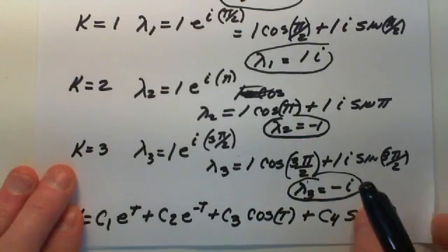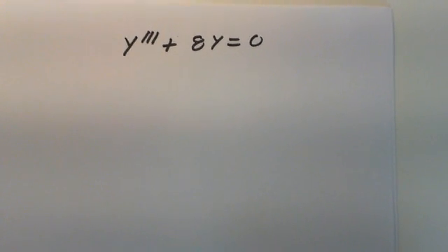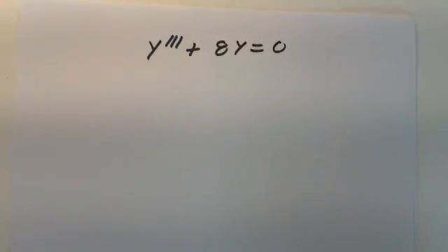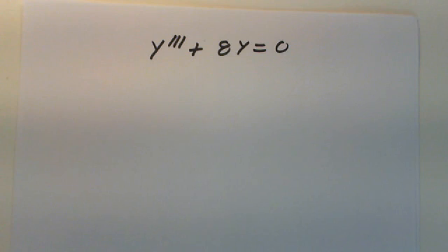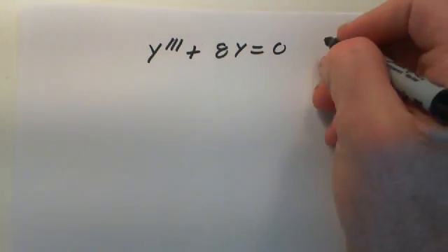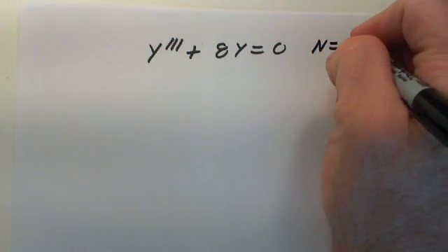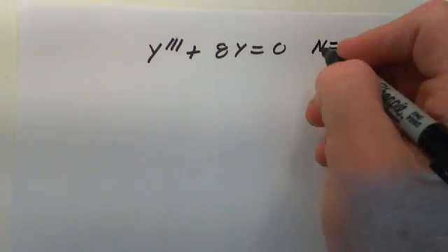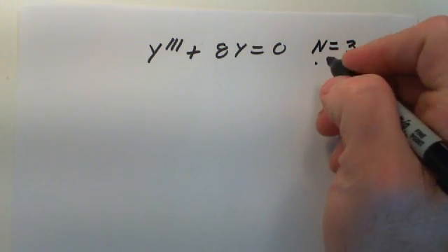Alright, let's look at one more. Let's look at this problem here. We have y triple prime plus 8y is equal to 0. We'll go ahead and solve that. In this case, we'll do similar to what we did on the last problem. We have n equal to 3. We know our a value is equal to 8.